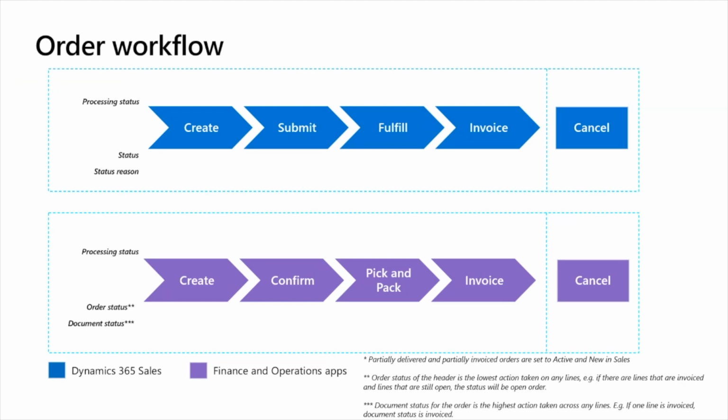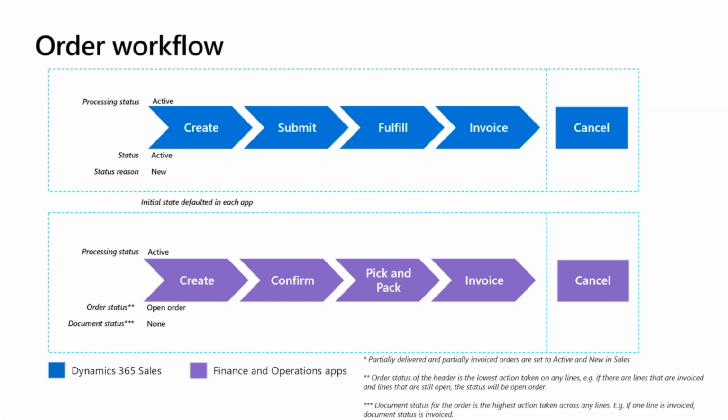So from a workflow perspective, each of the key statuses, more or less, the applications line up with each other, right from the creation of the order through to invoicing, and there is the option to cancel the order as well. So when we create the order in finance and operations, for example, we have a document status and an order status.